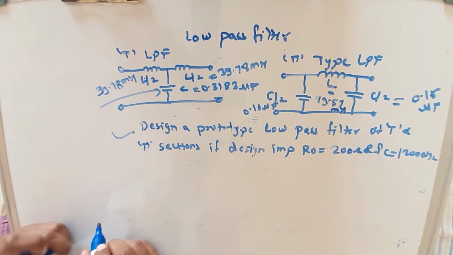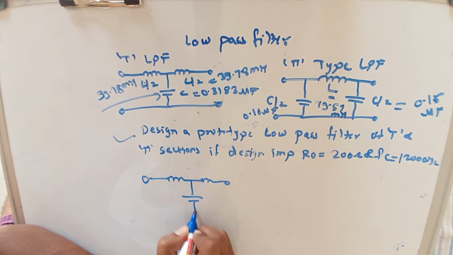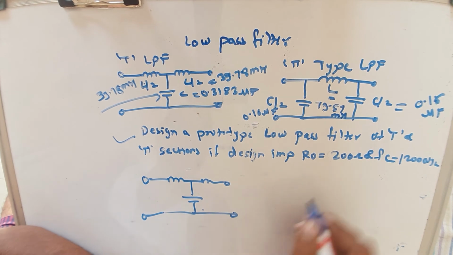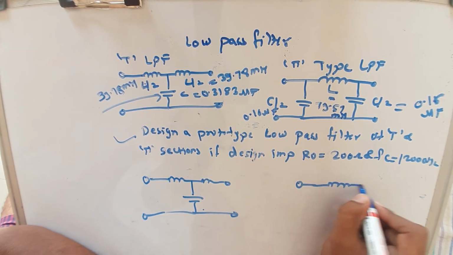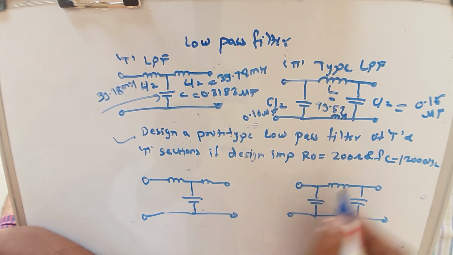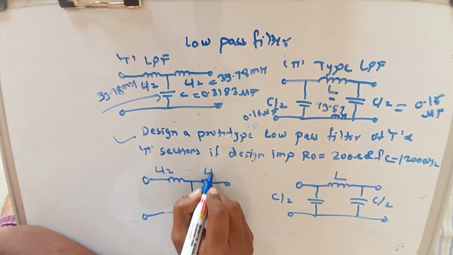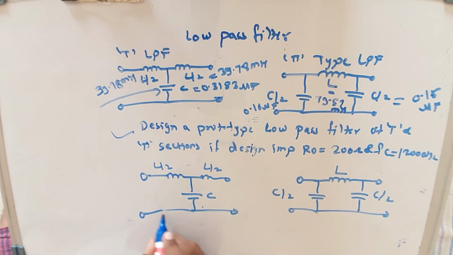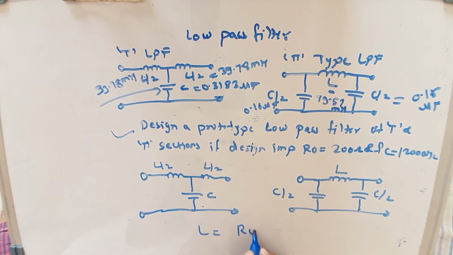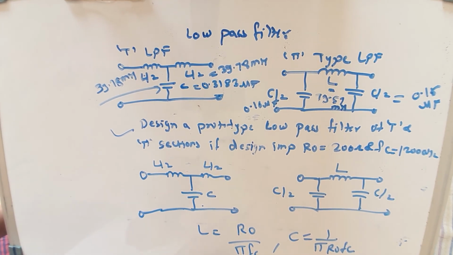You should solve this and design the T type and pi type low pass filters: L, C by 2, C by 2, and L by 2, L by 2, C. Find the values: L equal to R0 divided by pi FC, and C equal to 1 upon pi R0 into FC. Just put in the values, find them and write down the design values.